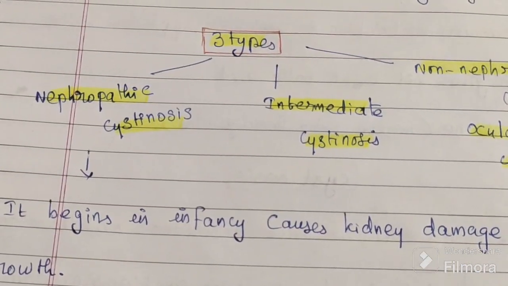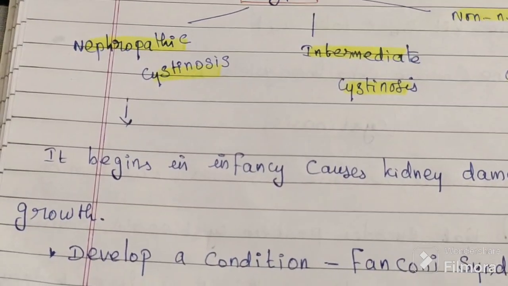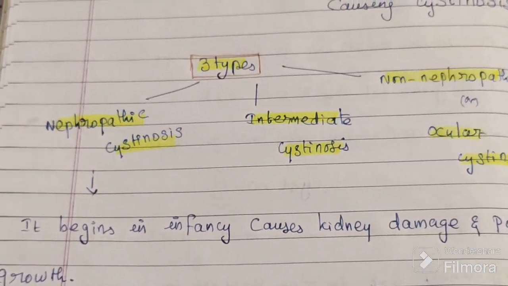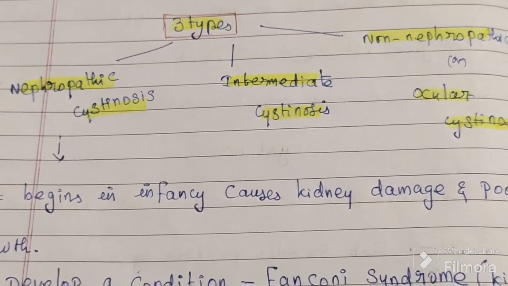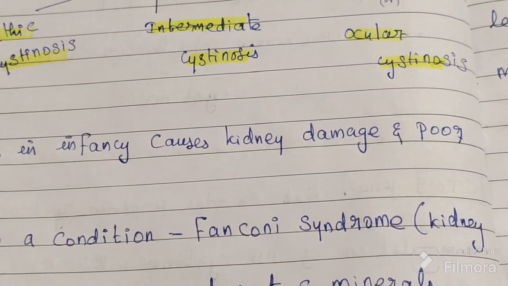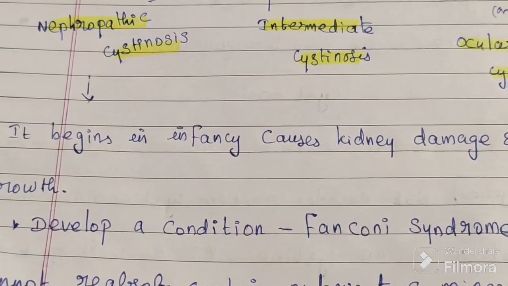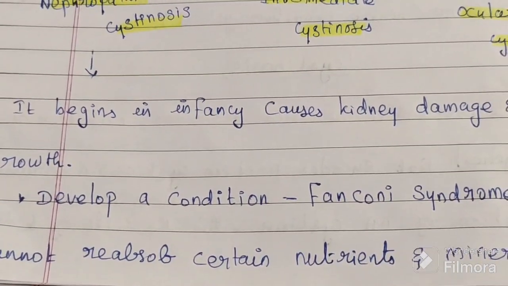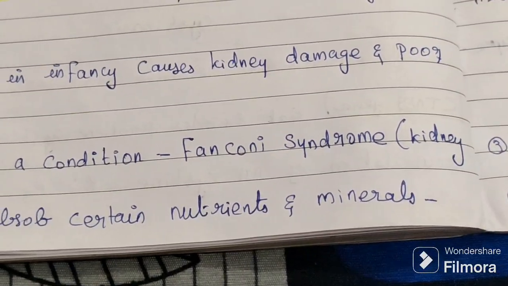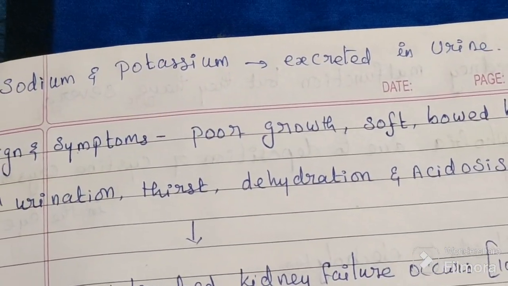So first one is nephropathic. It begins in infancy and it causes kidney damage and poor growth. They develop a condition called Fanconi syndrome, which means that their kidneys cannot reabsorb some nutrients and minerals such as sodium and potassium, which are excreted in the urine.